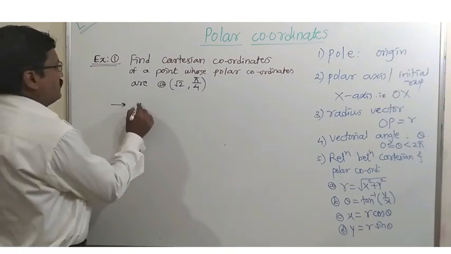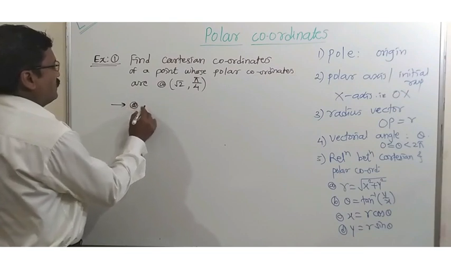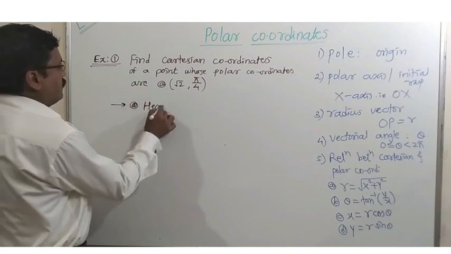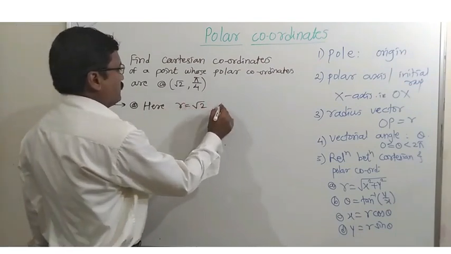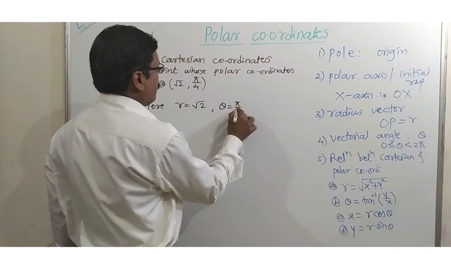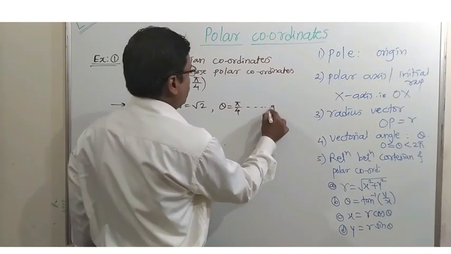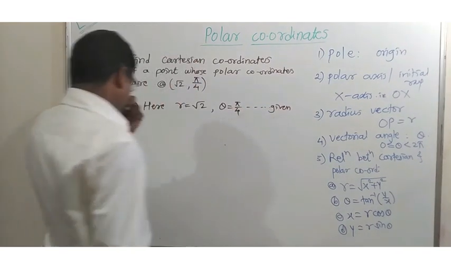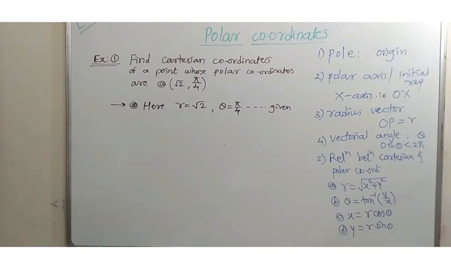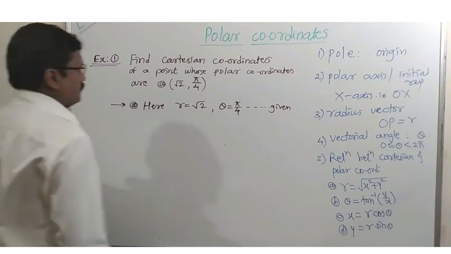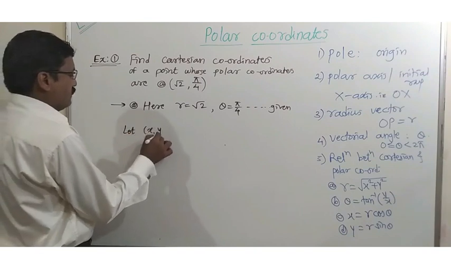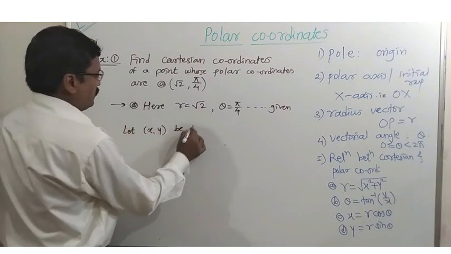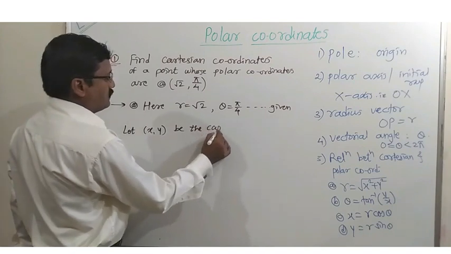In the solution part, here r equal to root 2 and theta is equal to pi by 4. These are given. If you consider these as the polar coordinates, now we have to find the Cartesian coordinates. Let xy be the Cartesian coordinates.